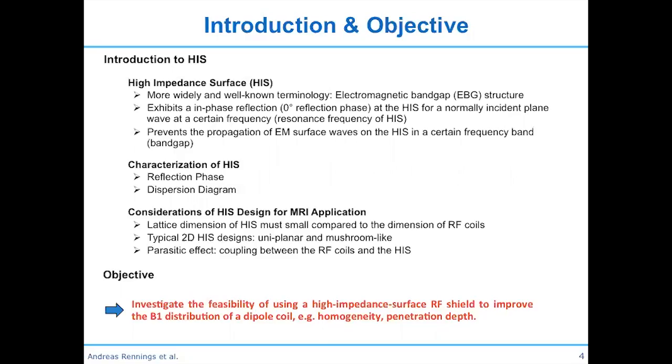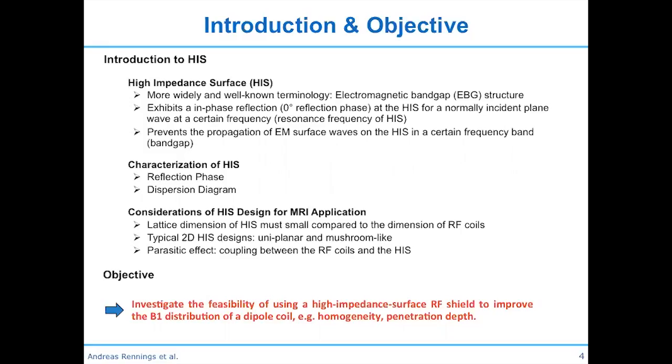One would be the high impedance surface, and the other one would be a forbidden frequency bandgap where you don't have electromagnetic surface waves. As I mentioned, it exhibits an in-phase reflection coefficient for a normally incident plane wave at a certain frequency that would correspond with the resonance frequency of this artificial surface.